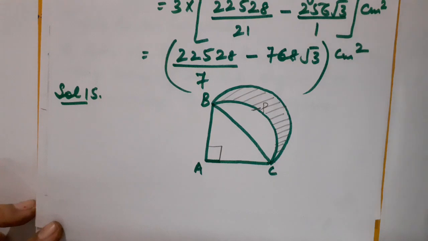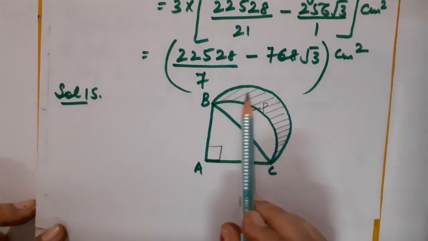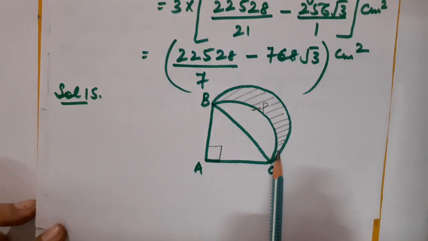So children, now be alert. See, as this is the shaded region and this is nothing but the part of the semicircle, correct?